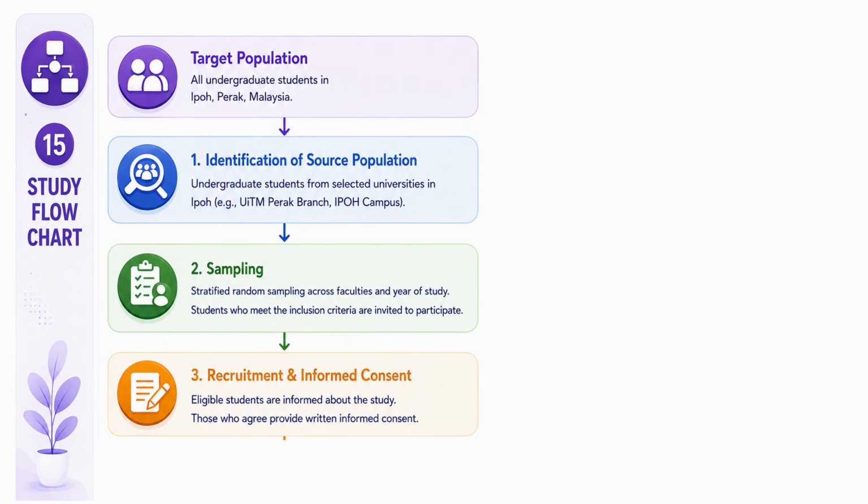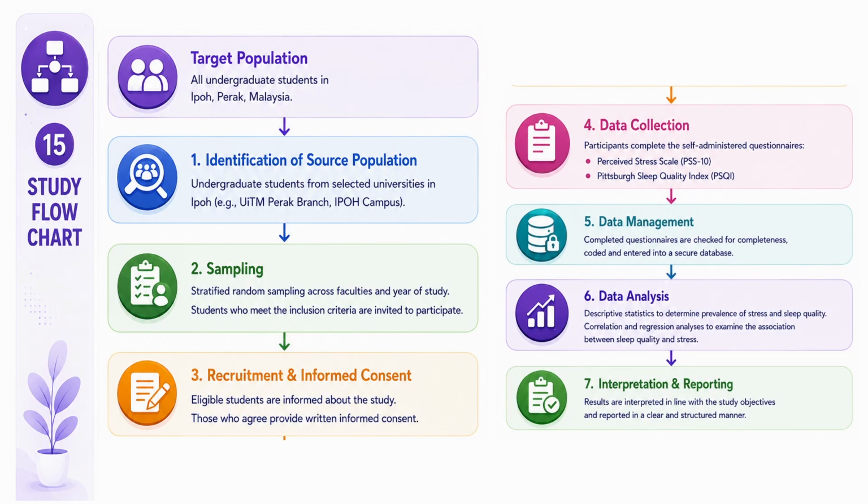Study flow chart. The target population will be defined. Identification of source population, then sampling method, then recruitment and informed consent will be obtained. Data collection will be done.